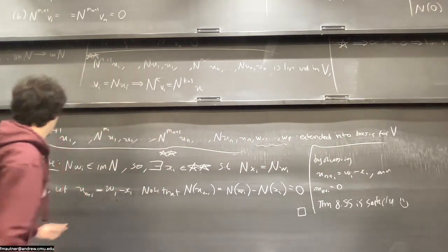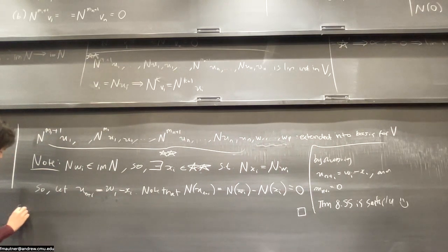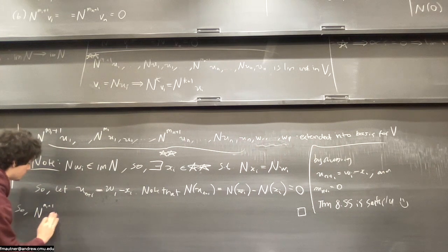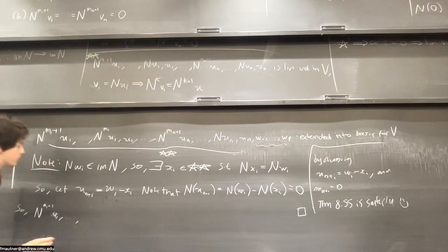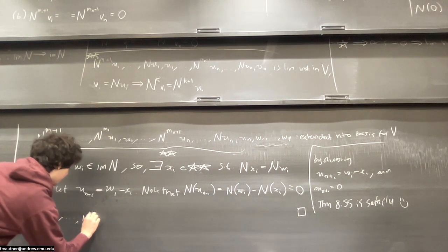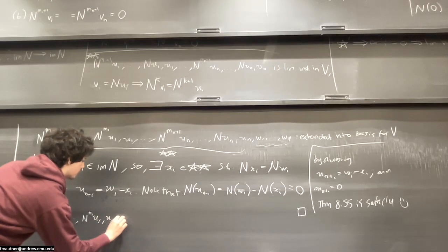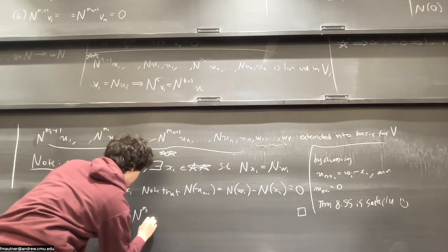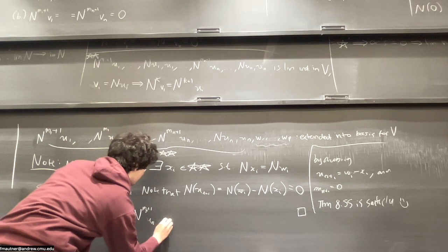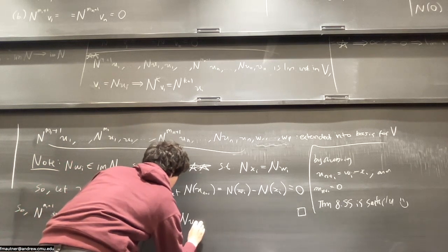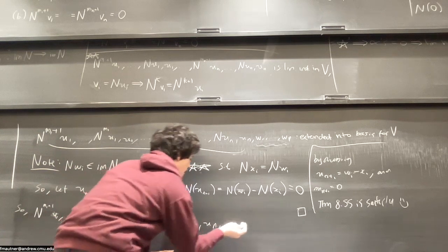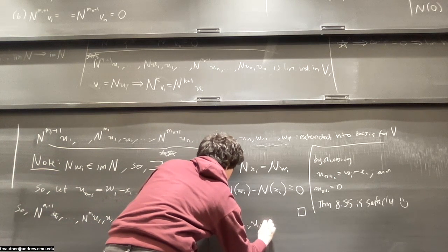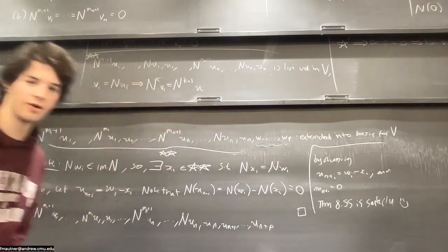So finally, the set n to the m sub n plus 1 times u1, n to the m1 u1, all the way through n to the m sub n times u sub n, and then we have u sub n plus 1 all the way up to u sub n plus p. So this is our new basis for all of V.